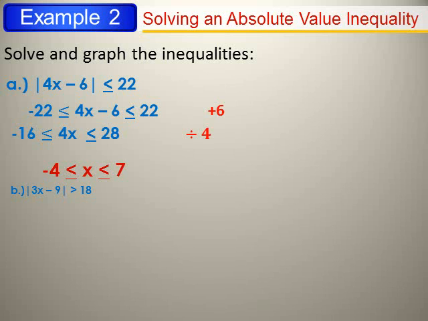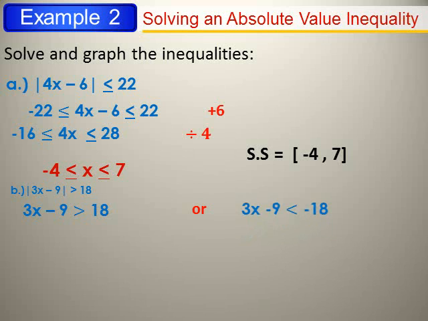Another example, here we have absolute 3x minus 9 greater than 18. That means we have two solutions. First, 3x minus 9 greater than 18 or 3x minus 9 less than negative 18. Solve for x. 3x minus 9 greater than 18, add 9 to both sides. 3x greater than 27. Then divide by 3.